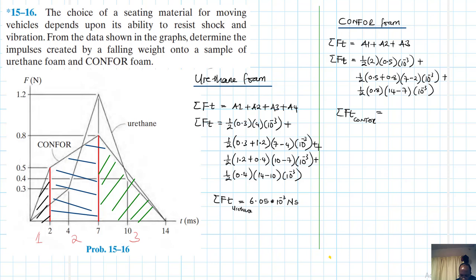This gives us 6.55 times 10 to the negative 3 newton-seconds.